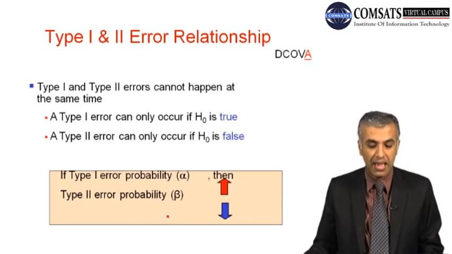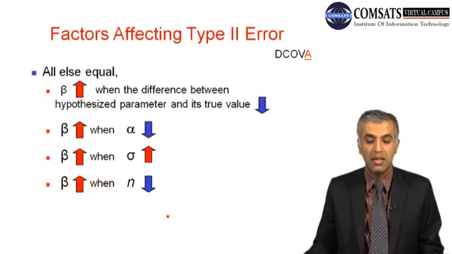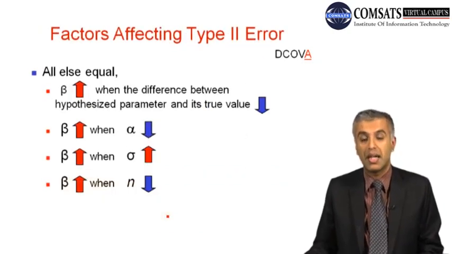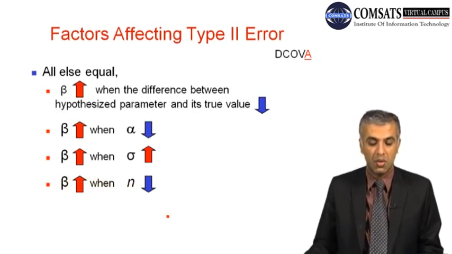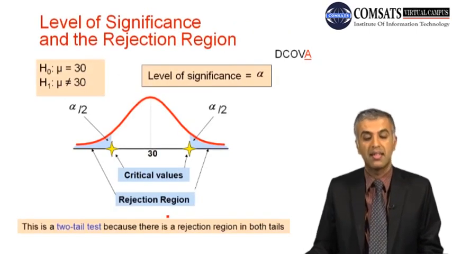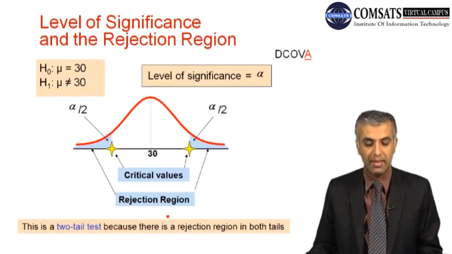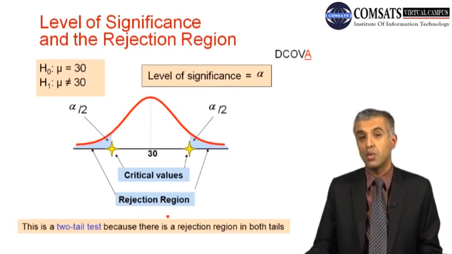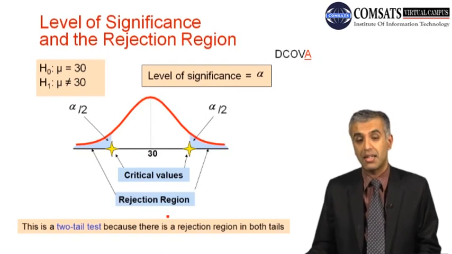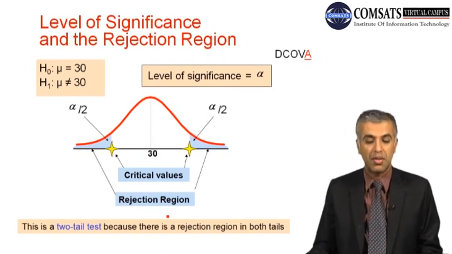Going through these different types, we discussed the factors which affect type 2 error and how they impact it. Likewise, we discussed the level of significance and the rejection region in the case of a two-tailed test and how it affects us.